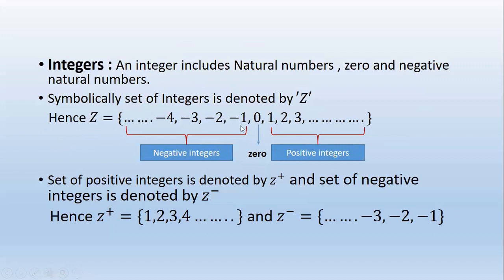This is the positive side. Minus 1, minus 2, minus 3, minus 4, and so on. This is the negative side. These numbers are all negative integers. This is called 0. These are all positive integers.